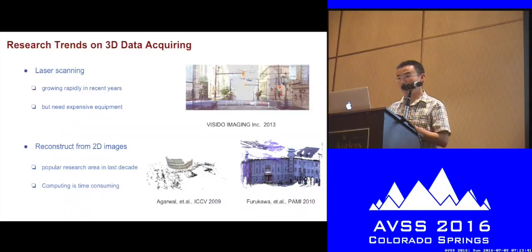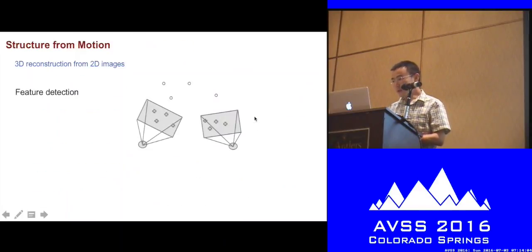It's a very popular, hot research topic in the last decade, and this work is Building Rome in One Day, where they take images from the internet and build the very large-scale city of Rome. Based on this work, scientists proposed multi-view stereo to densify the point cloud. This is the dense stereo result.